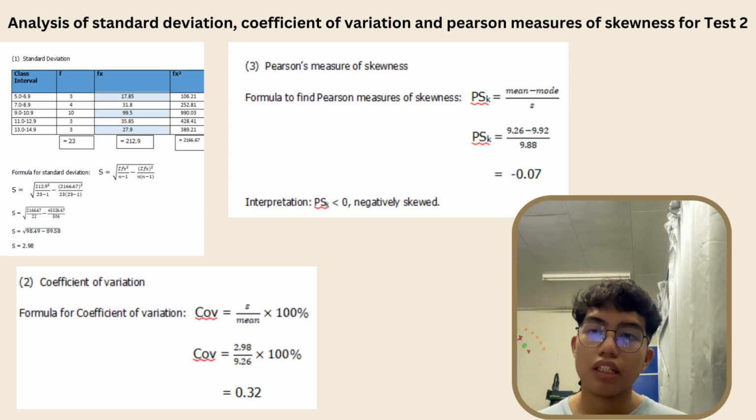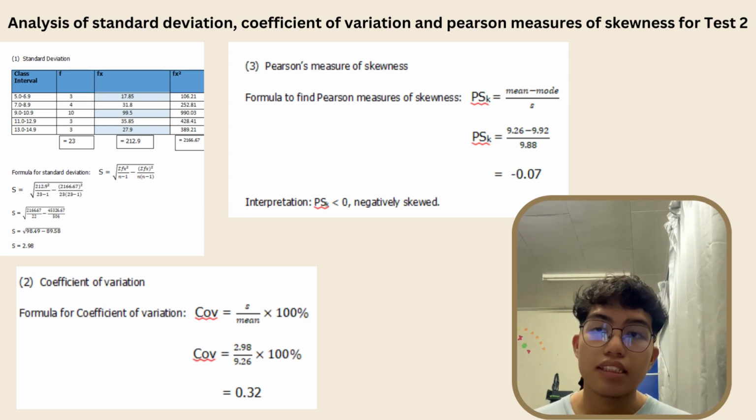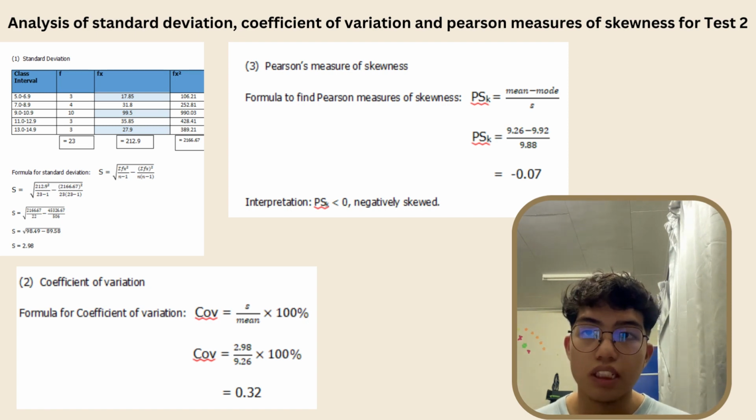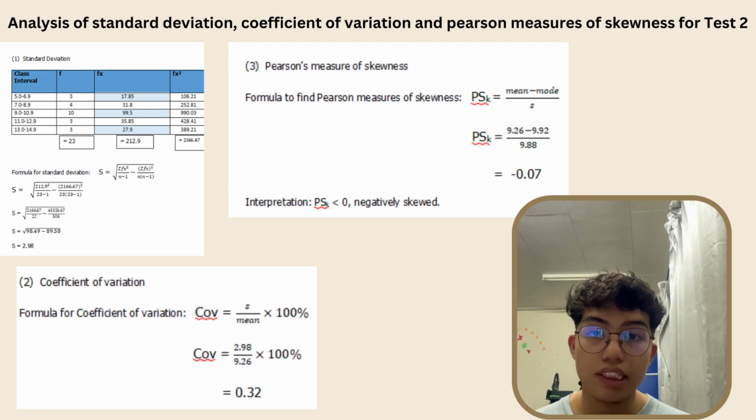So the interpretation is PSK is smaller than 0, so this is negatively skewed.